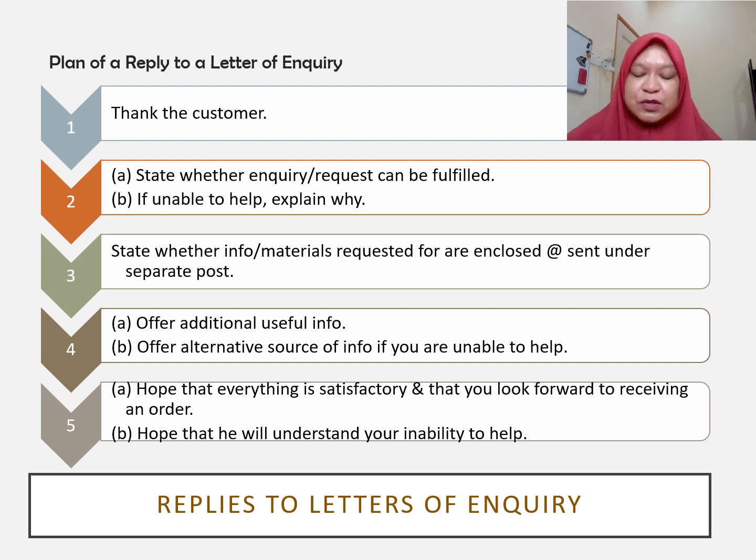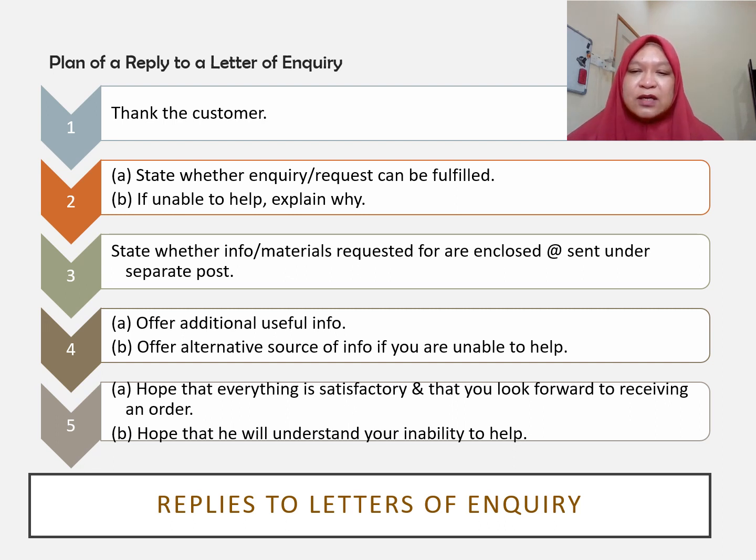So you need to inform in your letter if you send out, let's say, the pamphlet or the quotation. Offer additional useful information. Offer an alternative source of information if you are unable to help. Hope that everything is satisfactory and that you look forward to receiving the order, and hope that he will understand your inability to help.